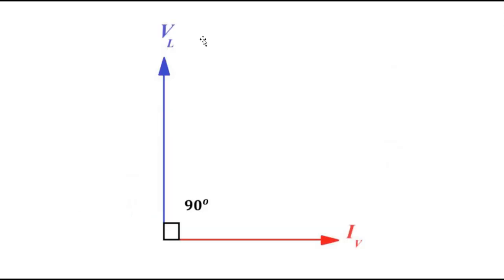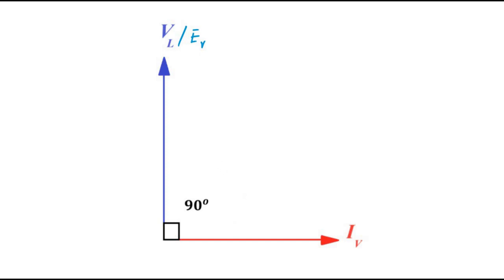Here we are talking about the voltage across the inductor or the applied EMF, the RMS value or the virtual value. So voltage leads by 90 degrees or pi by 2 radians, or current lags behind the voltage by 90 degrees or pi by 2 radians. And this is the phasor representation.